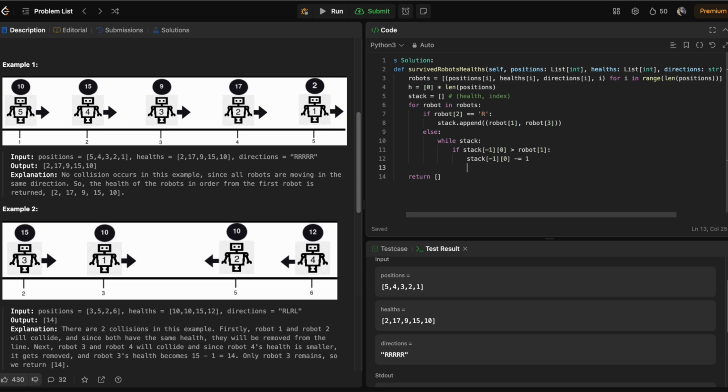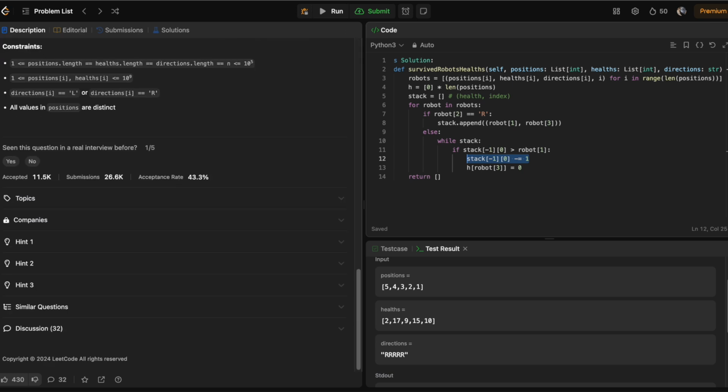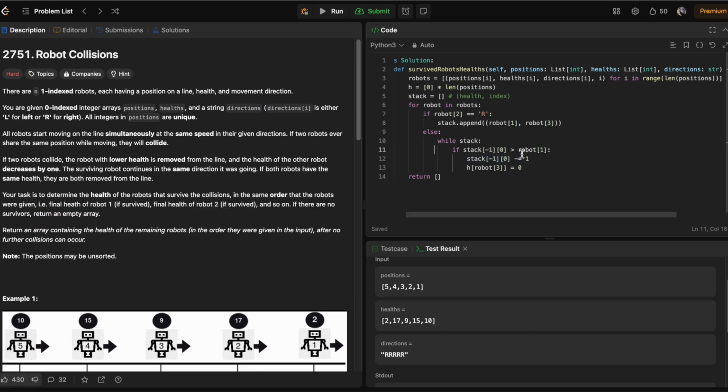So we can just do H robot index is going to be equal to 0. And we know this isn't going to be 0, right? Because, hold on, I'm pretty sure all the healths are going to be non-zero. Yeah, all the healths are non-zero. So if the health of this is greater than the health of this robot, then that means this robot's health has to be at least 2. So this has to be non-zero.